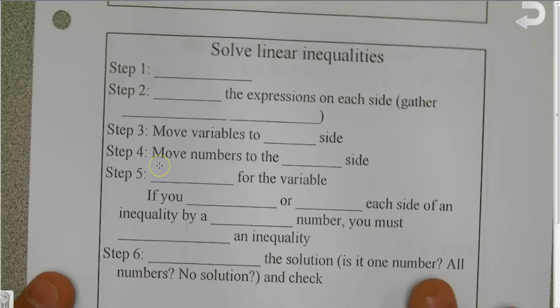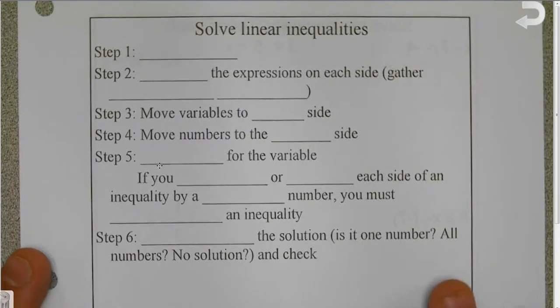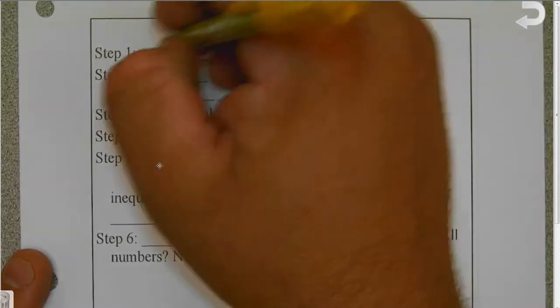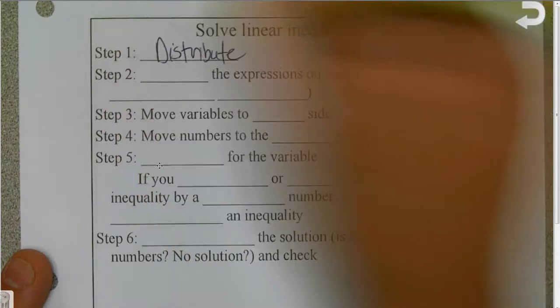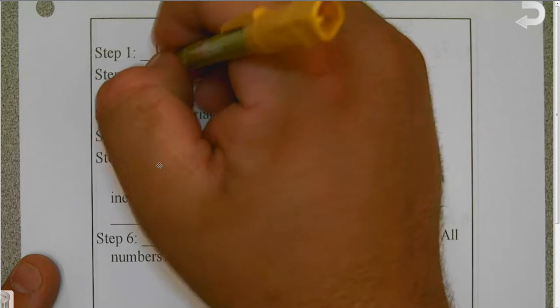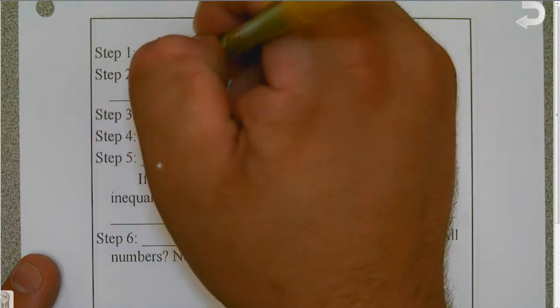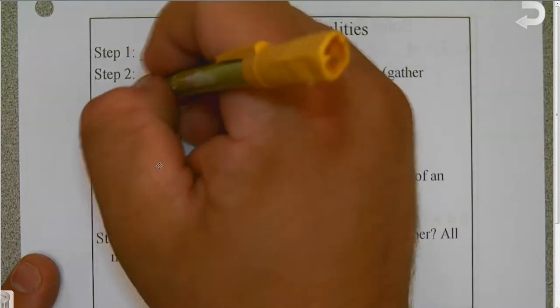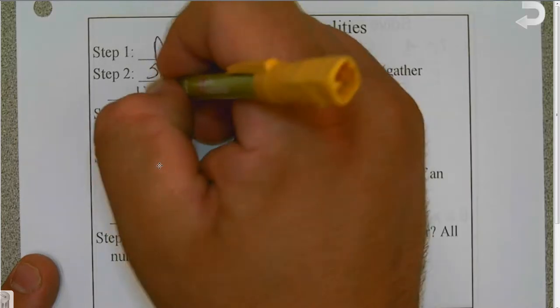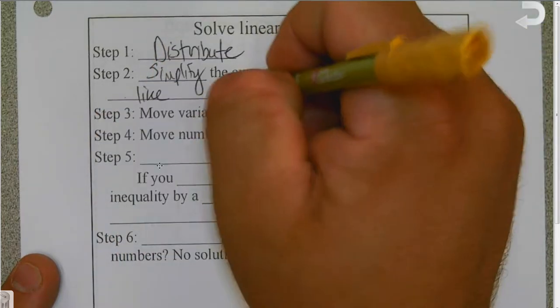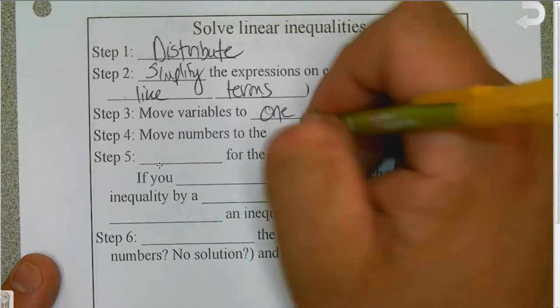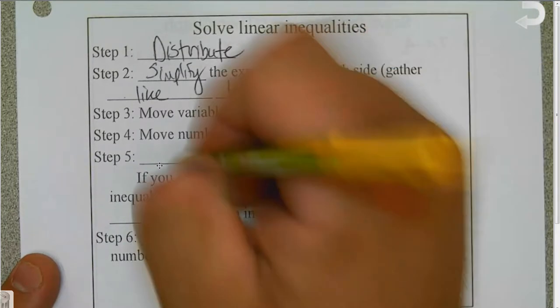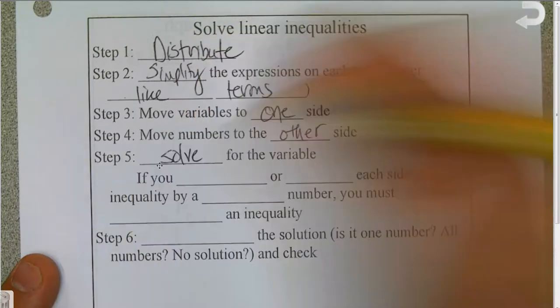Just like yesterday, we're going to follow the same rules. First thing we're going to do is distribute. And then we're going to simplify the expression, and we do that by gathering or combining like terms. Move the variables to one side, move the numbers to the other, and you solve for the variable.